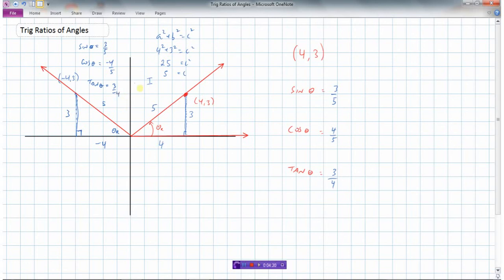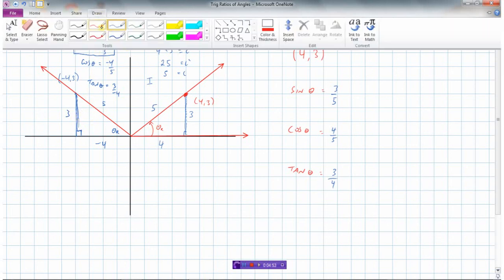So the only thing that's positive now that we're in quadrant 2 is sine. Sine has a positive ratio, but the other two are negative. And that's because the y value is going to be positive in this quadrant, and sine is y value, opposite side over hypotenuse.